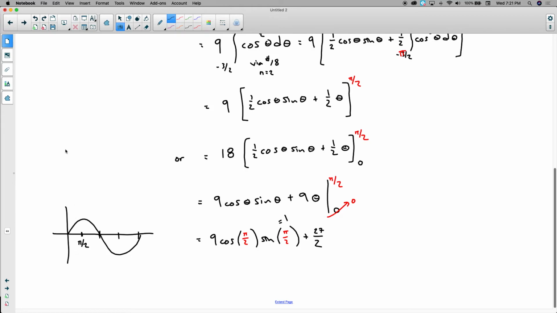And then a cosine wave starts high and rolls through its cycle: 2 pi, pi, pi over 2. So the cosine of pi over 2 is 0. And the whole thing somehow turns out to be 27/2.